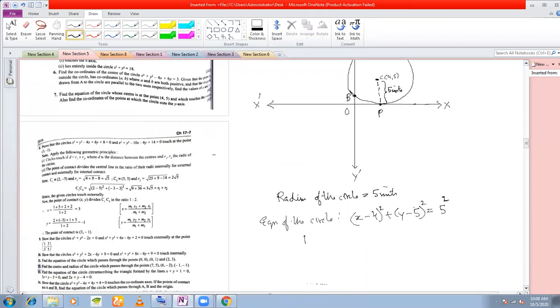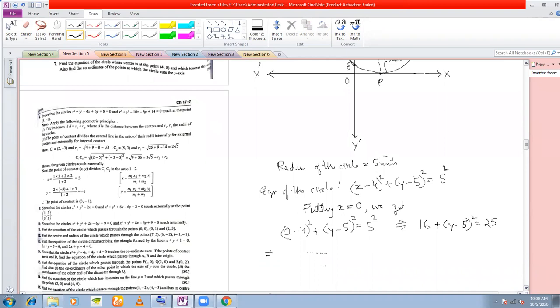By putting x equal to 0, we get 0 minus 4 whole square plus y minus 5 whole square is equal to 5 square. That means you get 16 plus y minus 5 whole square is equal to 25.